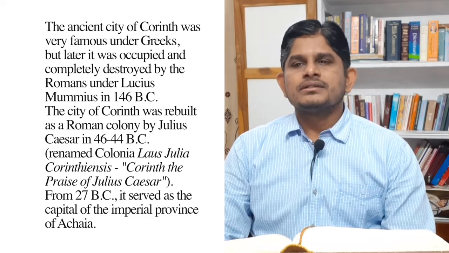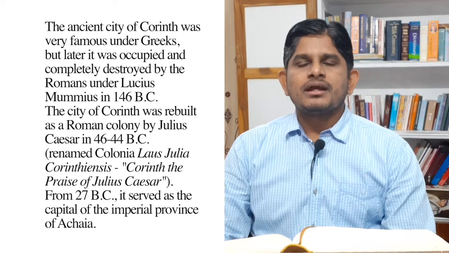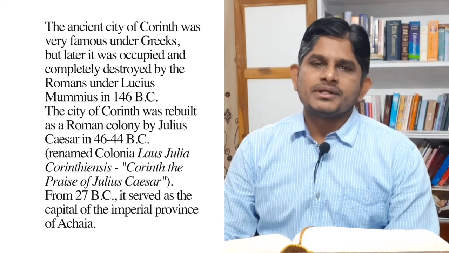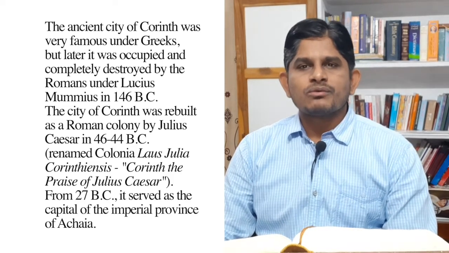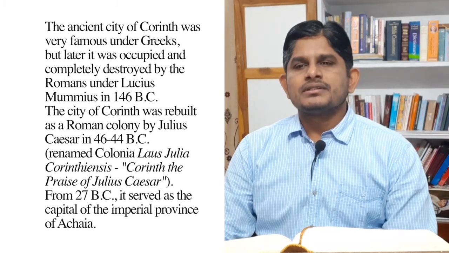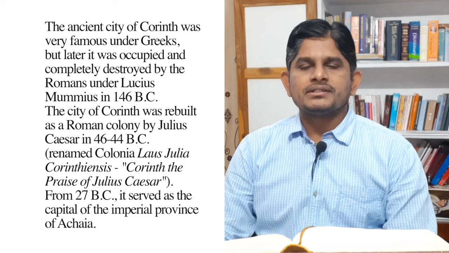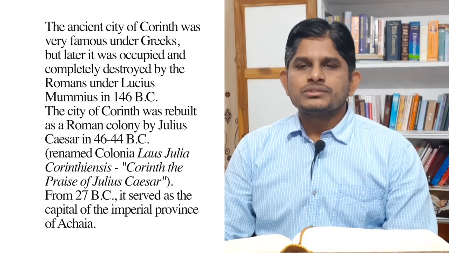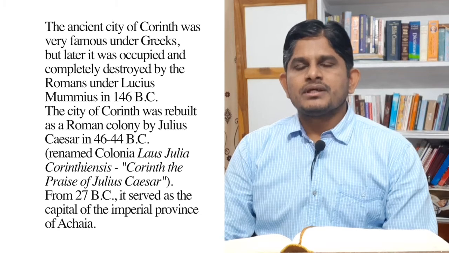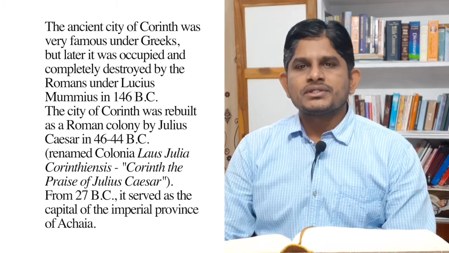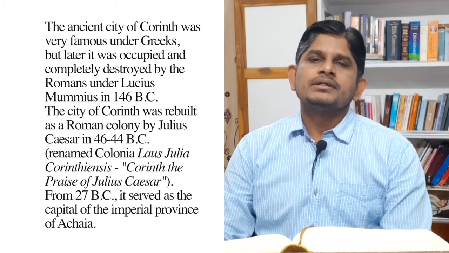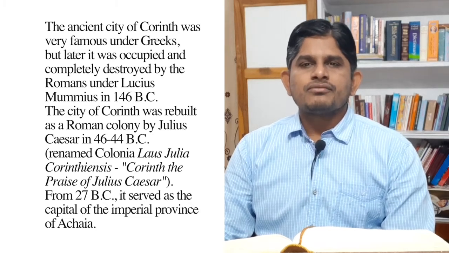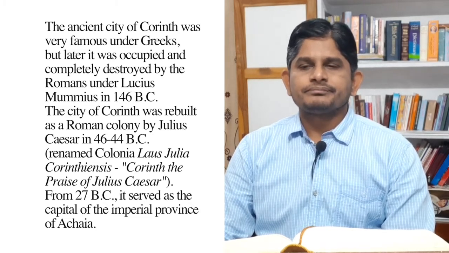But later, it was occupied and completely destroyed by the Romans. When Romans came into power, they occupied the city of Corinth and completely destroyed it under Lucius Mummius. And this occupation and destruction happened in 146 BC.